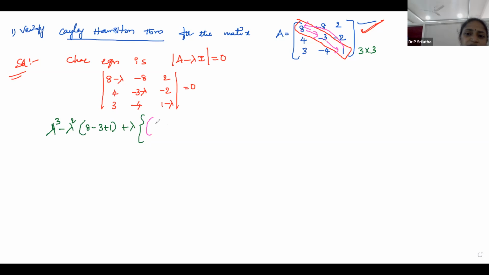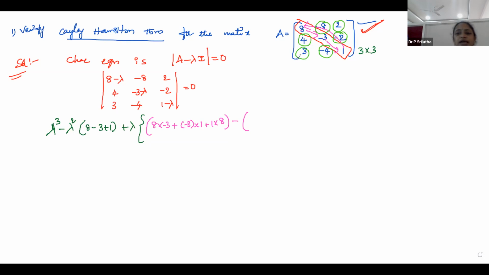So this is the sum of the product of the diagonal elements: 8 into minus 3 plus minus 3 into 1 plus 1 into 8, minus the non-diagonal elements. Here the non-diagonal elements are minus 8, 4, 2, 3, minus 2, minus 4.